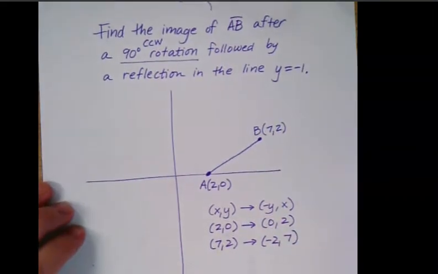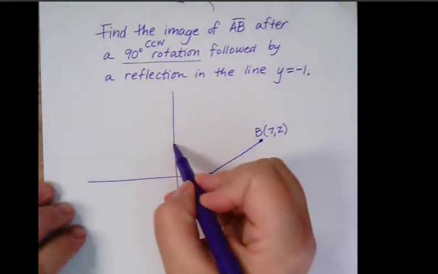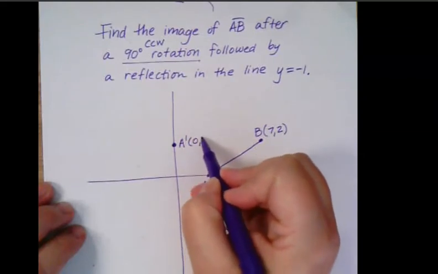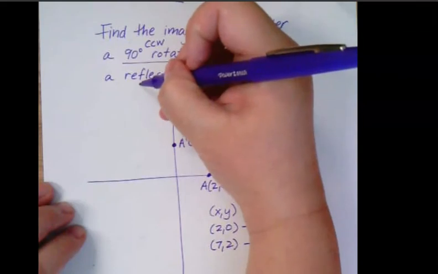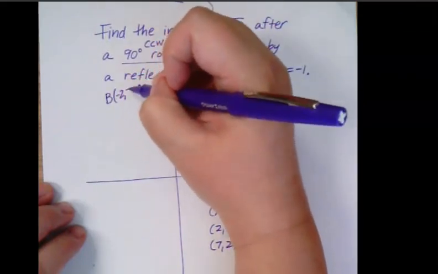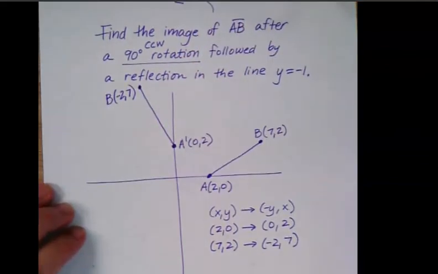So that's where I am after the first step. So 0, 2 is right up here somewhere. A prime is at (0, 2), and B prime is at (negative 2, 7). Let's say it's probably up a little bit higher than this, but I'm running out of space there. And there is my image after the rotation.